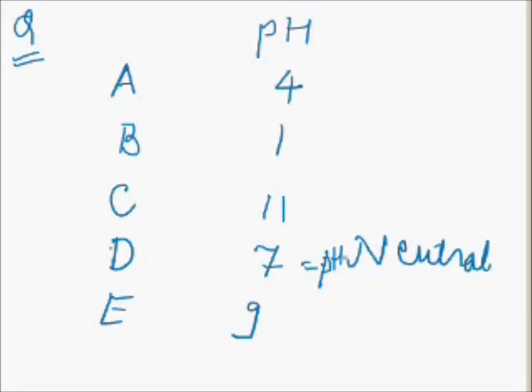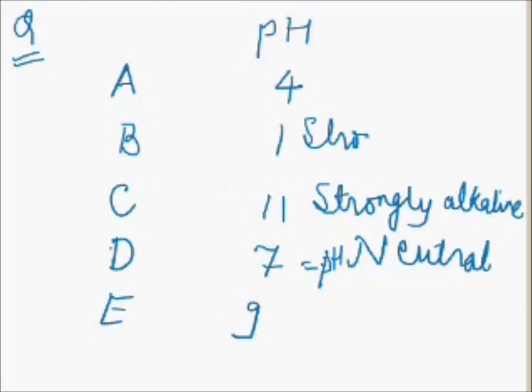Which solution is strongly alkaline? Solution C is strongly alkaline. Why is it strongly alkaline? Because pH is greater than 7. Strongly acidic: solution B is strongly acidic.